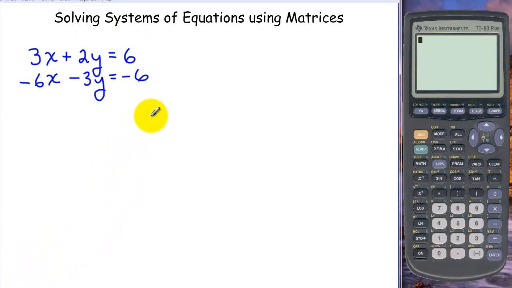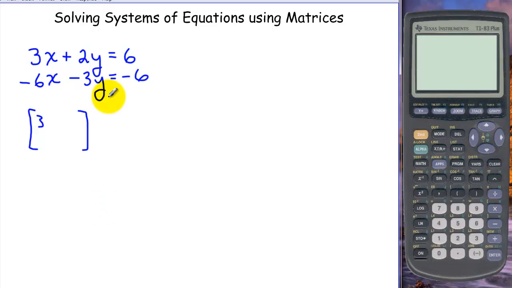So let's go back to our simpler system here and talk about this. Now we can represent this system of equations using matrices. So I take a matrix, our first matrix here, and we're going to fill in the coefficients of the x's and the y's.